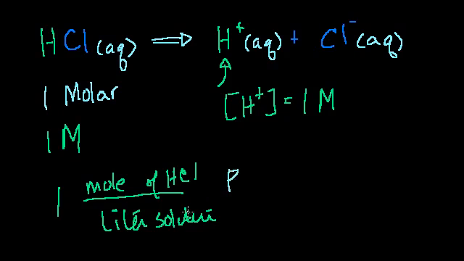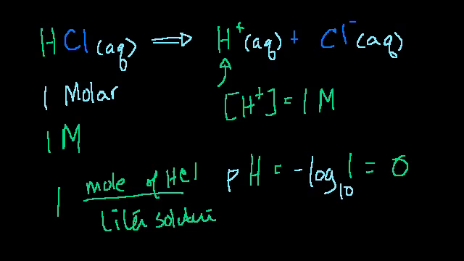So the pH is going to be equal to the minus log base 10 of our hydrogen concentration of 1. 10 to the what power is equal to 1? Well, anything to the 0th power is equal to 1, including 10. So this is equal to 0. Minus 0 is just 0. So your pH is 0.